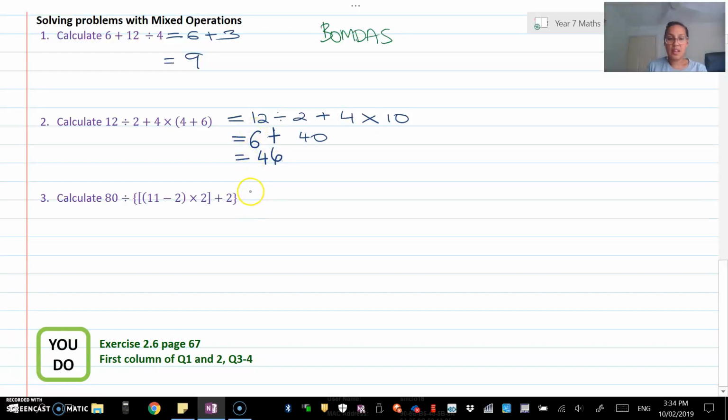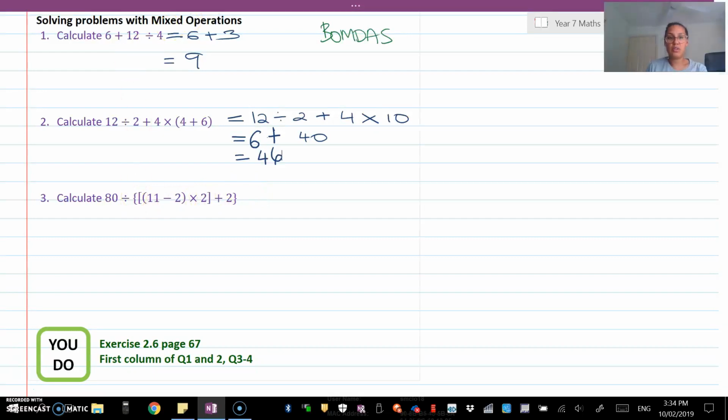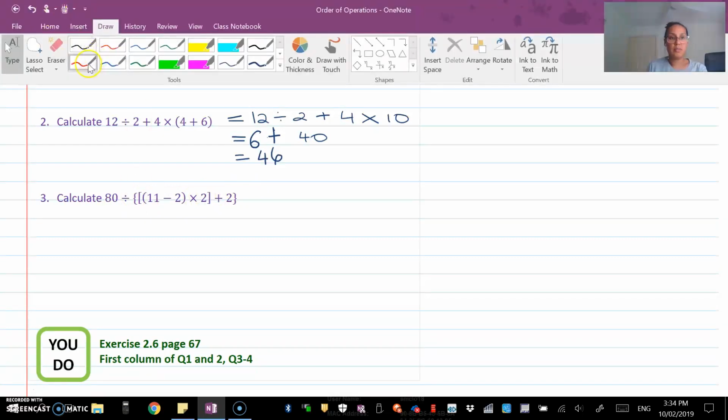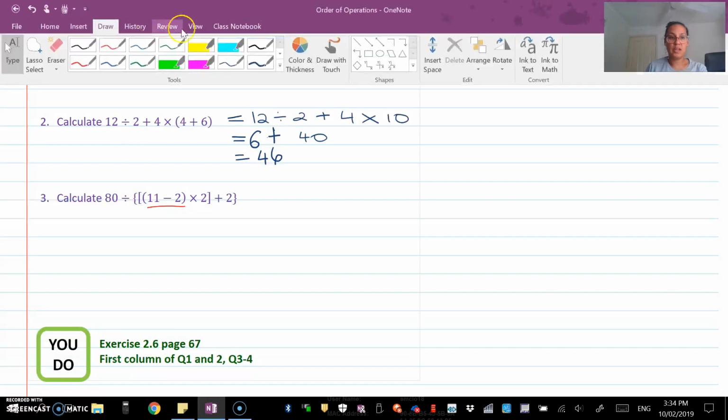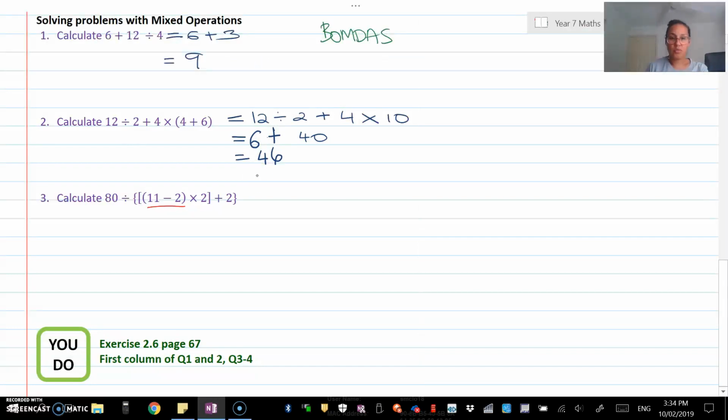What we have now in this one is a whole lot of brackets. What I'm going to show you is that we handle each bracket individually, because that's what you should be doing. You should be looking for each bracket first. So the first one we're going to look at is the 11 minus 2. Let's change my pen color. Let's solve that part first.